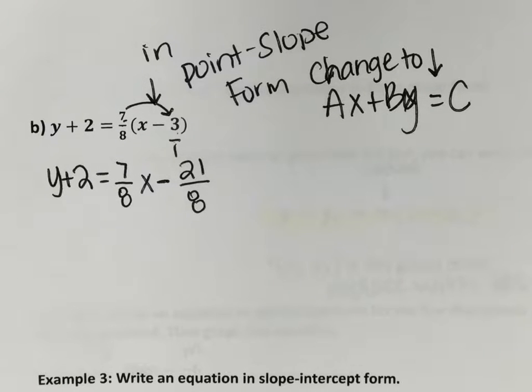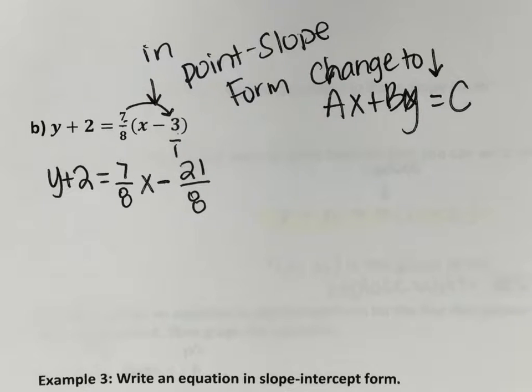The denominator doesn't change. Are y'all okay with what I just did? I know it makes it a little bit more complicated when there are fractions. Even if it can be put in mixed numbers, just leave it as an improper fraction. It'll make it easier.